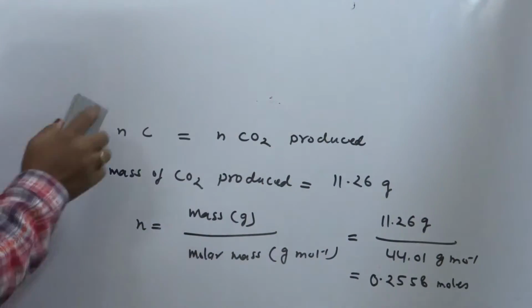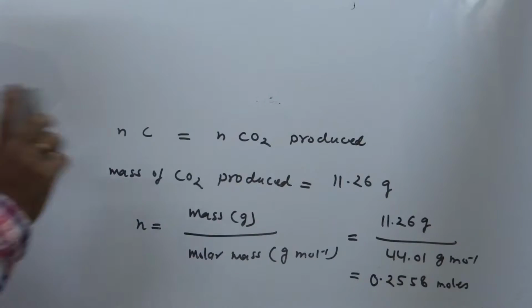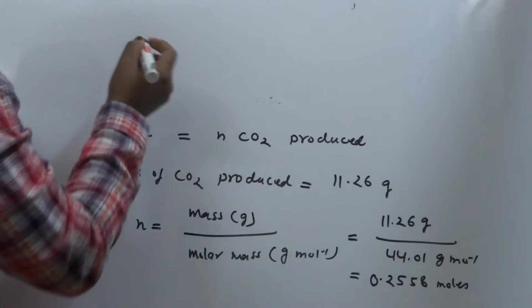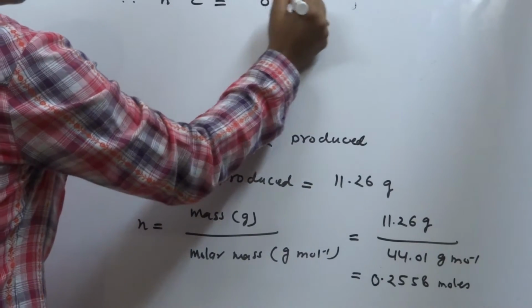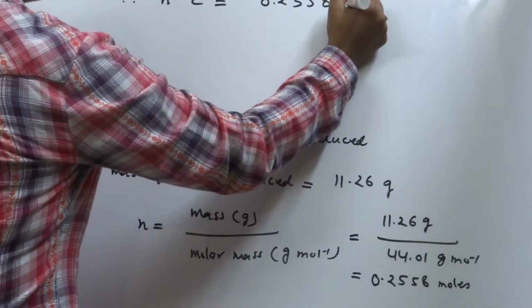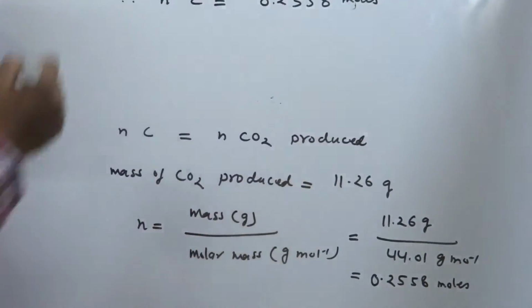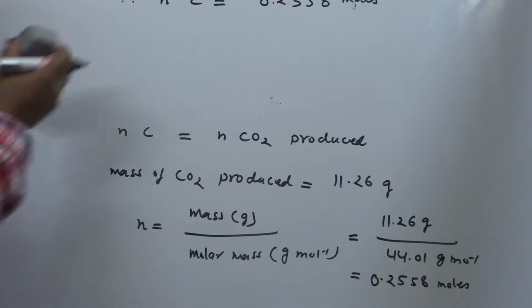Since moles of carbon is equal to moles of carbon dioxide, therefore moles of carbon is equal to 0.2558 moles in the original sample.